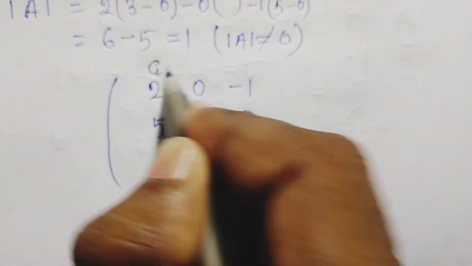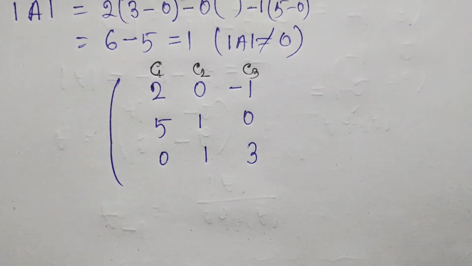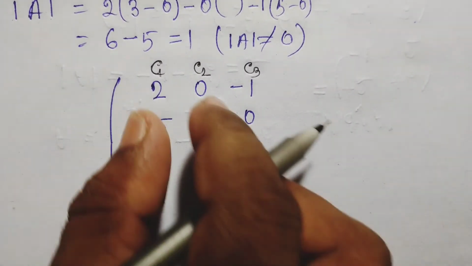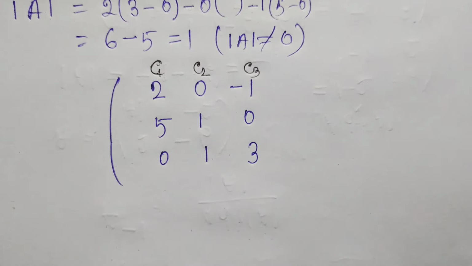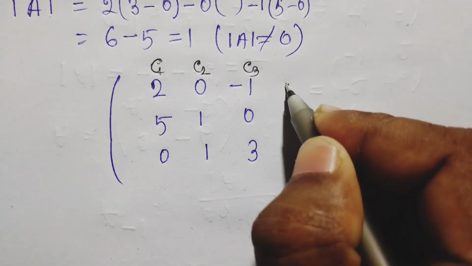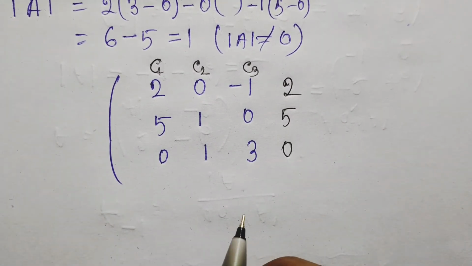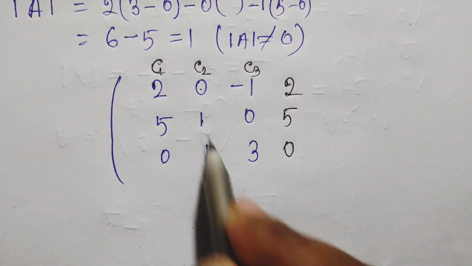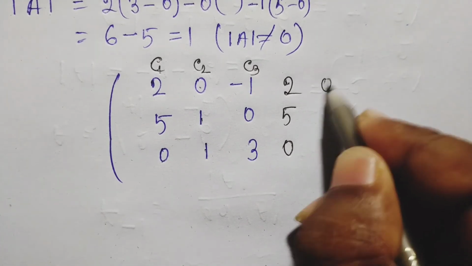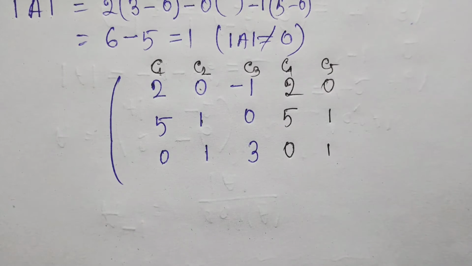This is column 1, this is column 2 and this is column 3. Now you have to repeat the first two columns after the C3 column. So here 2 5 0, write here again 2 5 0 and here 0 1 1, so write here 0 1 1. Now here are a total of 5 columns.